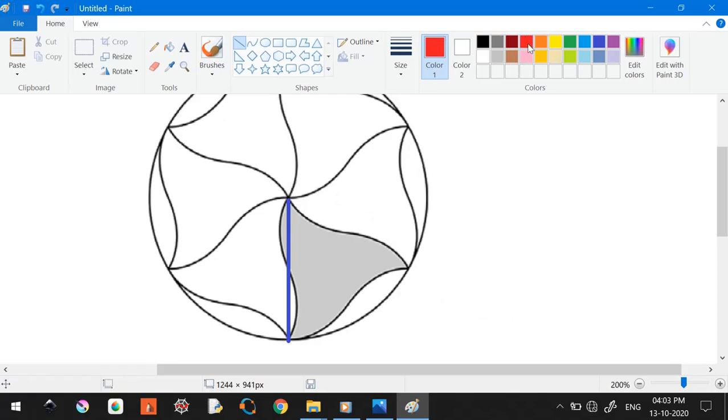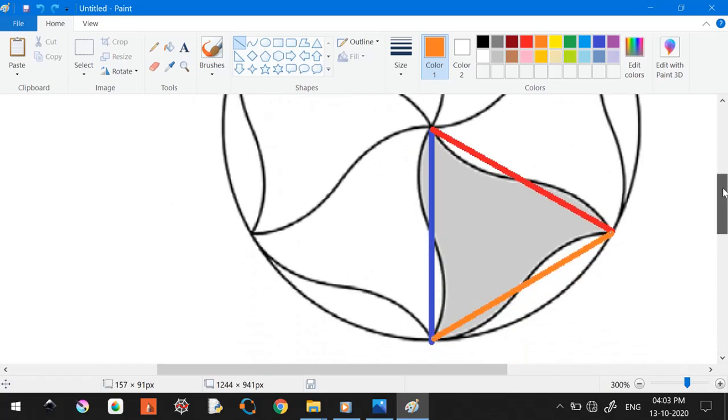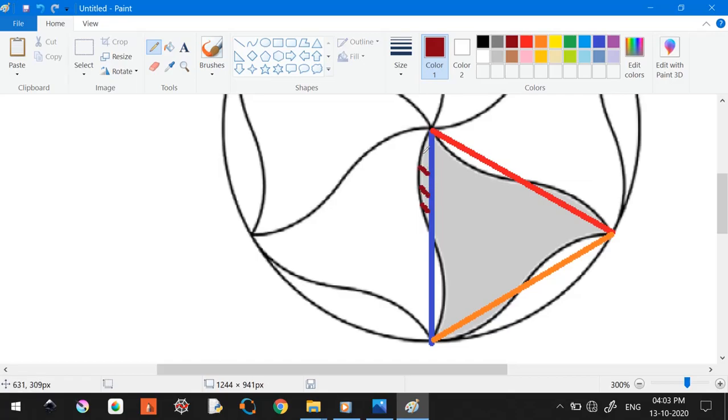So likewise, let's say I draw a line joining these two lines, and finally, let me take this color, this point and this point. If you see this, what is happening, let me zoom in and explain better. The extra portion here is being compensated by the depression here, the vacant space here, right?